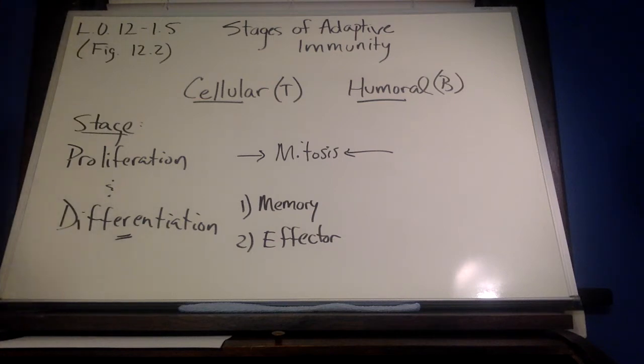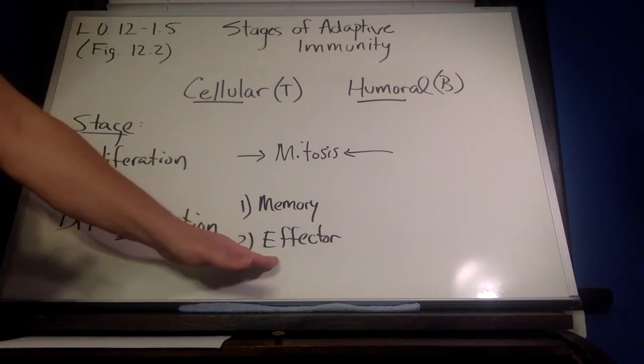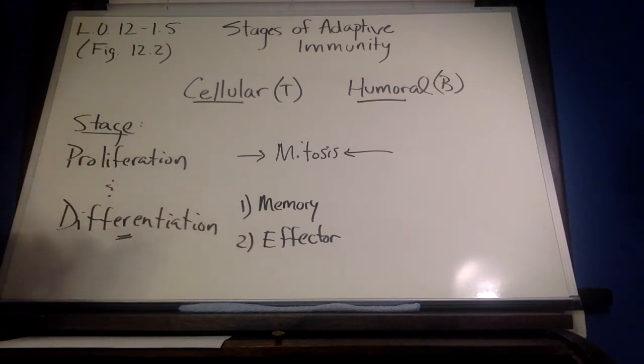Remember, the lymph nodes and the spleen are going to filter the blood and the lymph. It's these memory cells that are going to be looking for particles as they go through there. Effector cells are going to be what will go to those sites of infection and be able to eliminate and get rid of our pathogen.